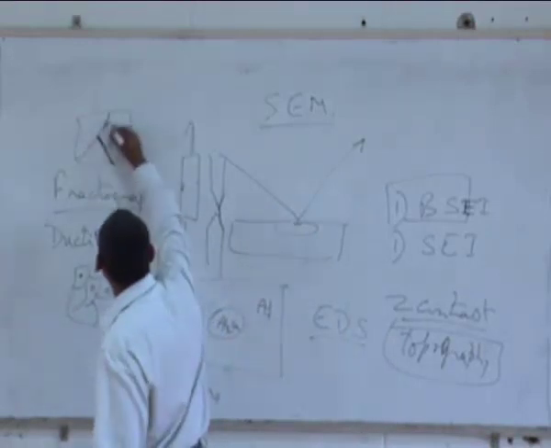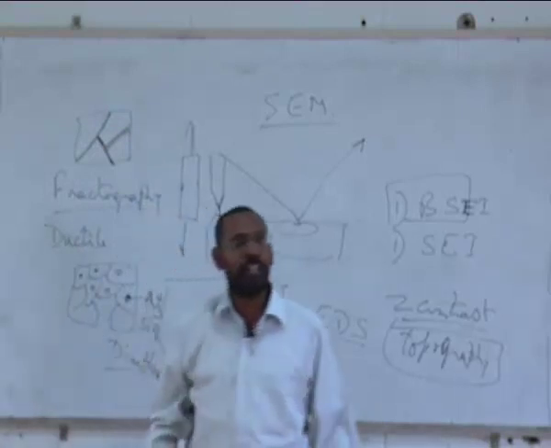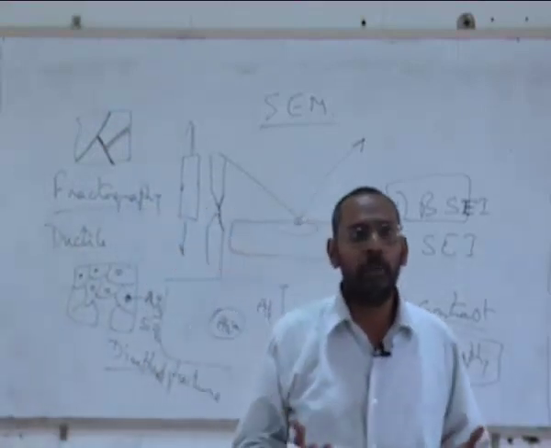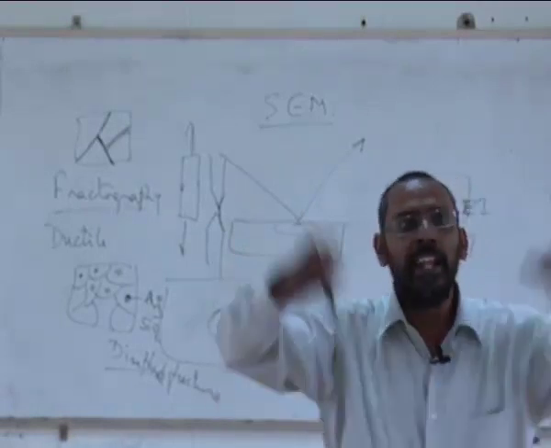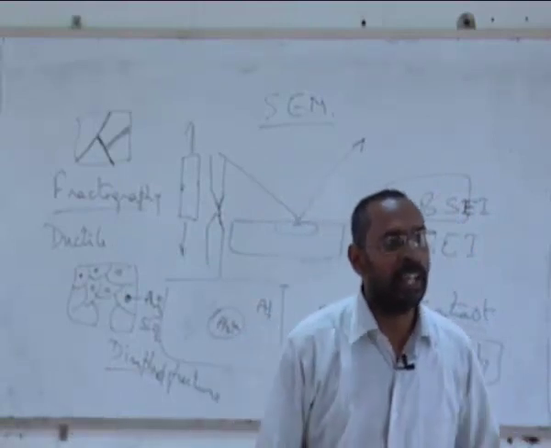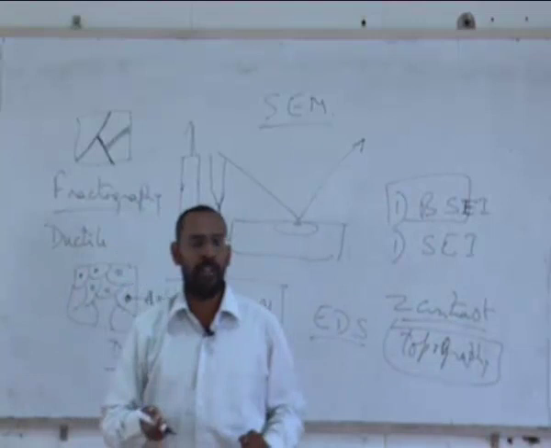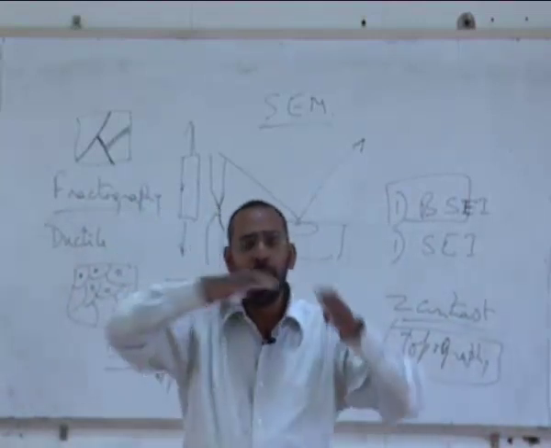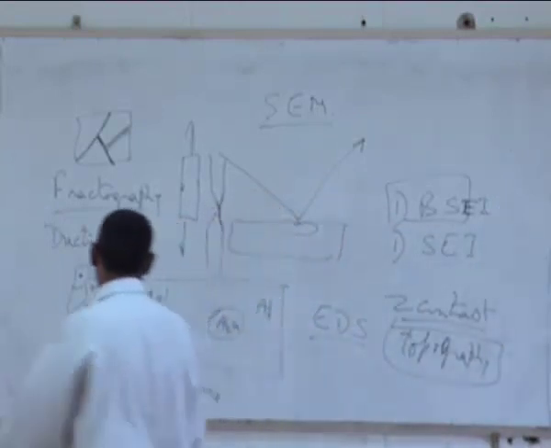The grain may not get corroded, but the grain boundary gets corroded, and if the grain boundary gets corroded, the material may fracture more easily, because at the grain boundary there is only a corrosion product, maybe some iron oxide or something like that forming. So if I take such a broken sample and look at it, I will be able to see the grain boundaries very clearly. This is what is called intergranular fracture.